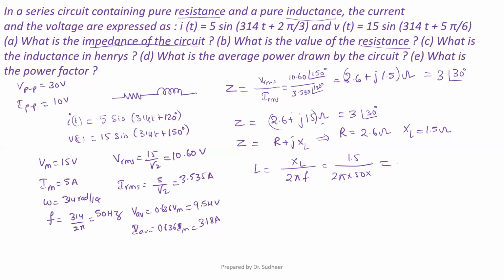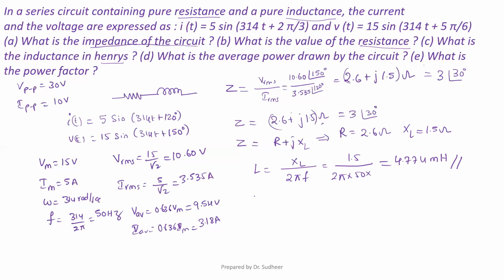So what will be the L value? 2 pi 50 divided by 1.5, take the inverse of the answer. 4.774 millihenry. This is your inductance value. So inductance in henries is 4.774 millihenries.